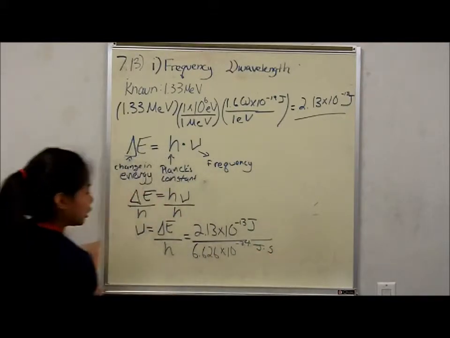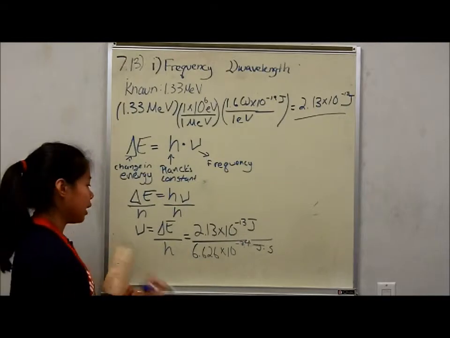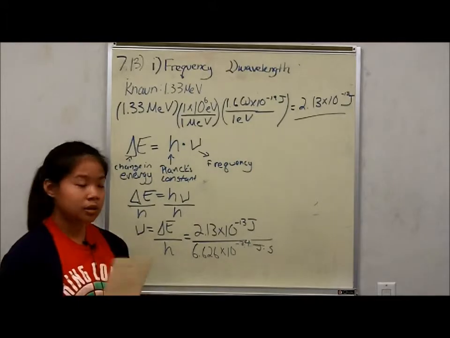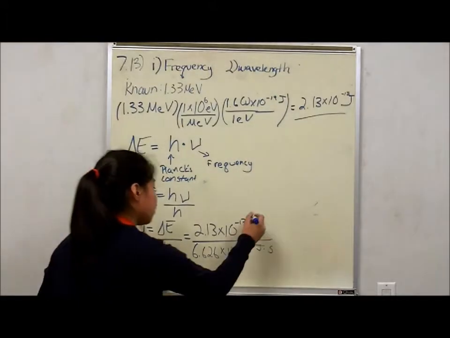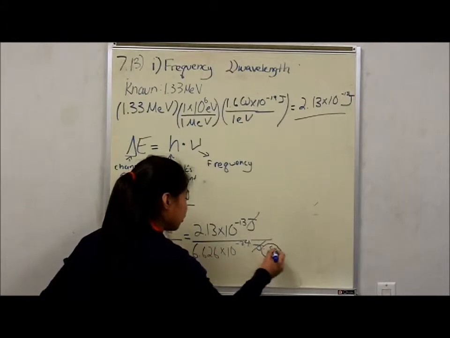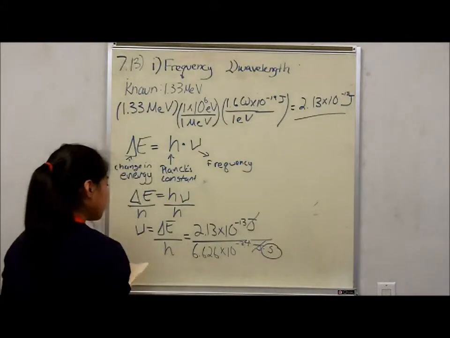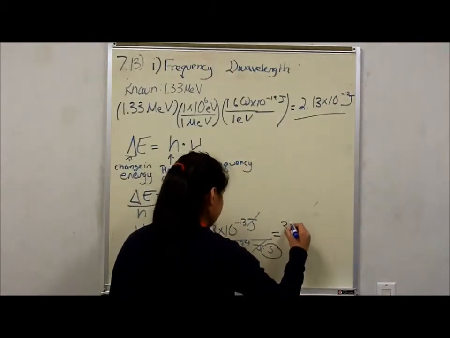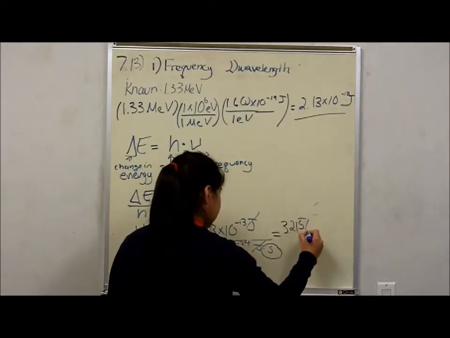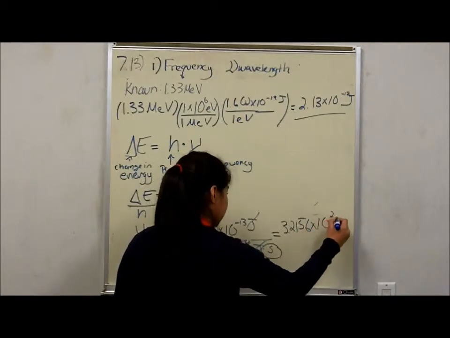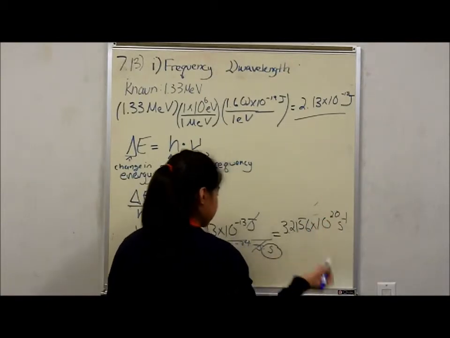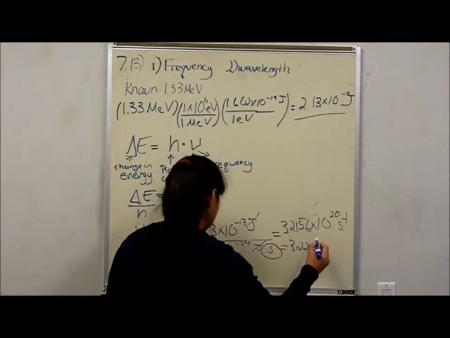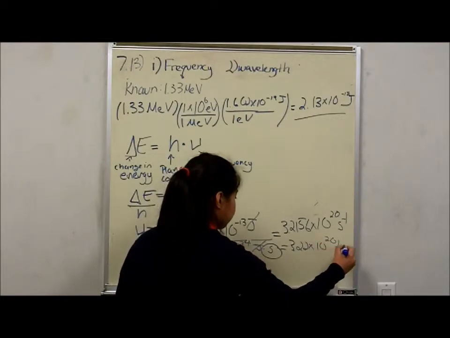What you want to do in every single problem when you get an answer is to check the units. Frequency will be given in either hertz or essentially inverse seconds. If you cancel these units, you see that you have an inverse second here, so you know you're on the right track. When you calculate this out, you get 3.2156 multiplied by 10 to the 20 inverse seconds, which can be simplified to 3.22 multiplied by 10 to the 20 hertz.